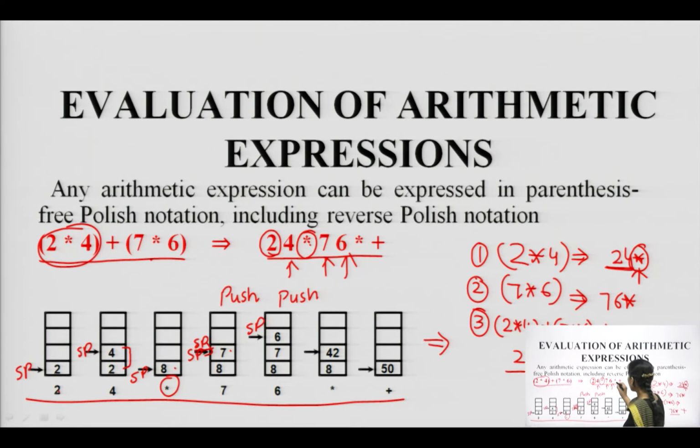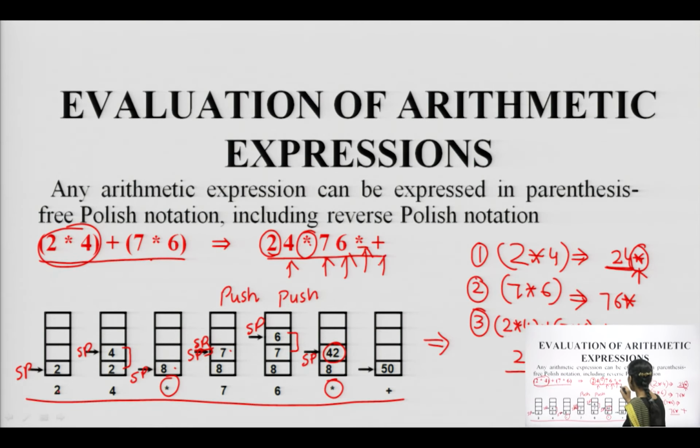Then after this 6 we have found this cross, which means 6 and 7 will be popped off and this operation will be carried out. So, 6 cross 7 is carried out and 42 is at my M of SP.